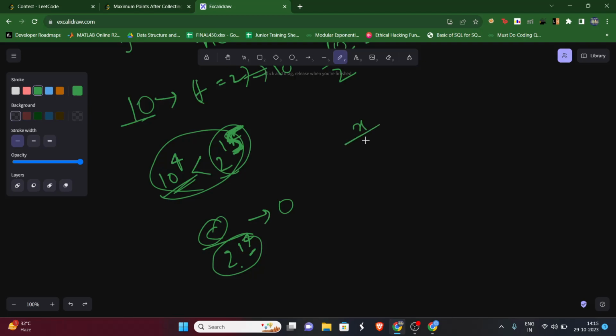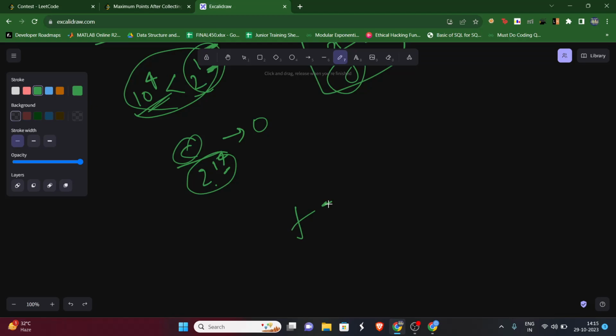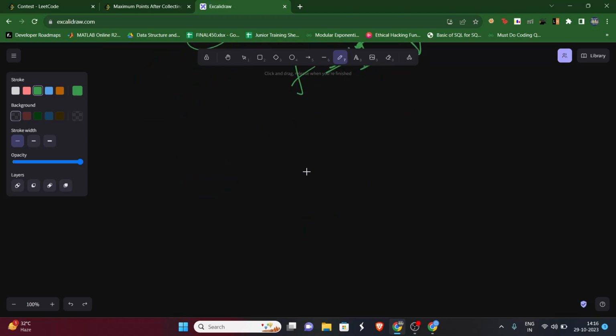Like if there's a smaller number x, and y is greater, then the quotient will be 0. So we can realize that if at some point f is greater than or equal to 14, or let's say 15, we don't need to worry about increasing it. Why am I saying that? Let's say this is a subtree, and in the subtree I have 100 and, let's say, 200, and at one time f was 5.